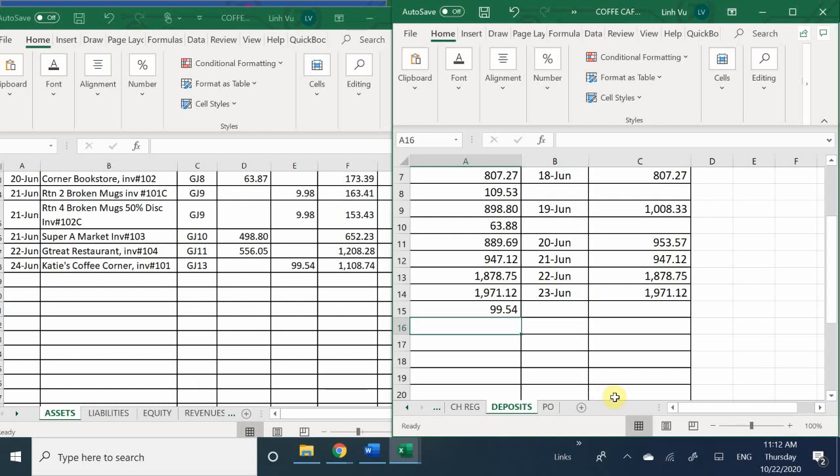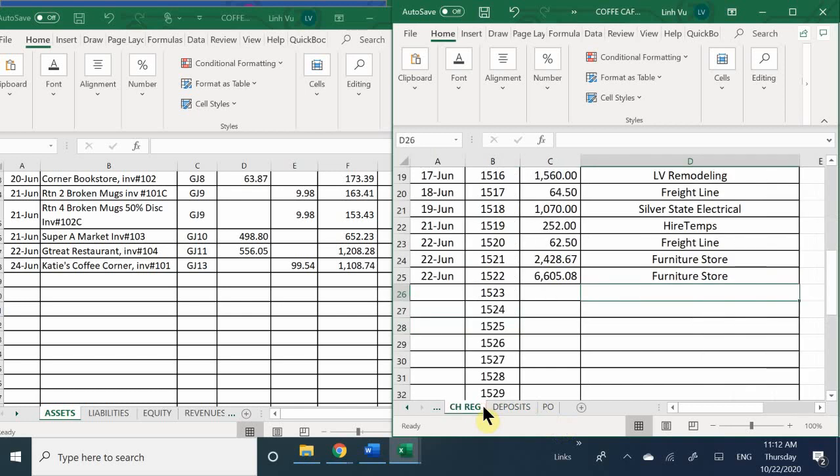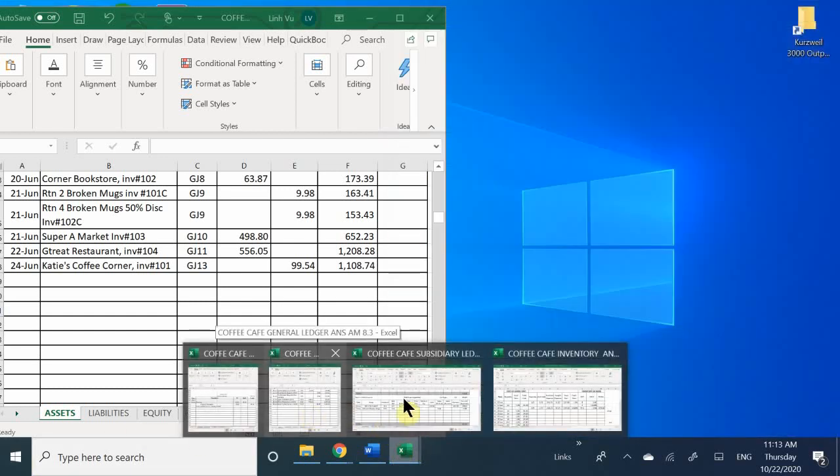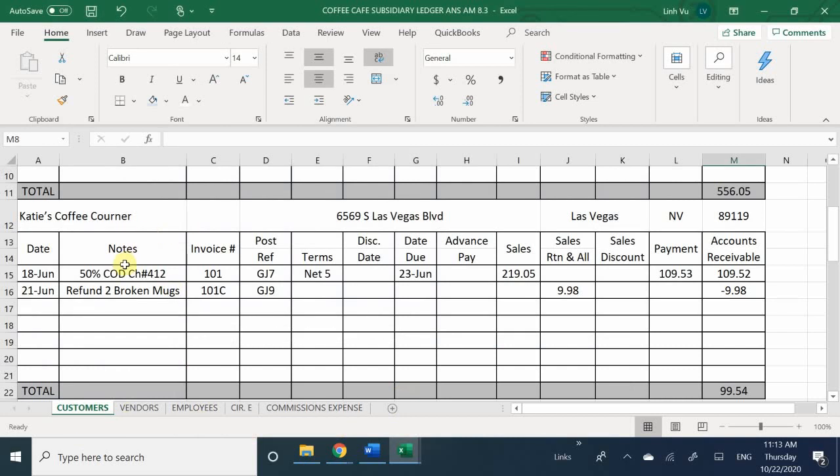So where else do we need to go? We are on the subsidiary pages, information to input the payment.